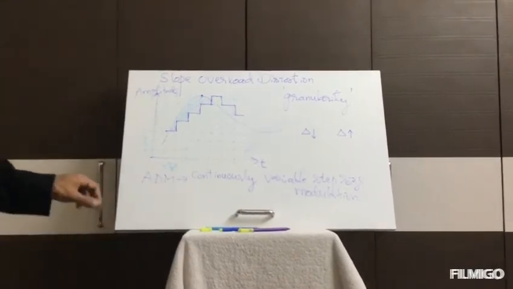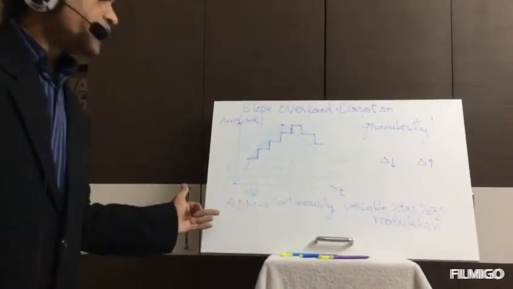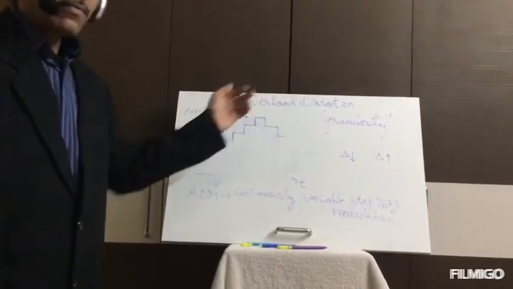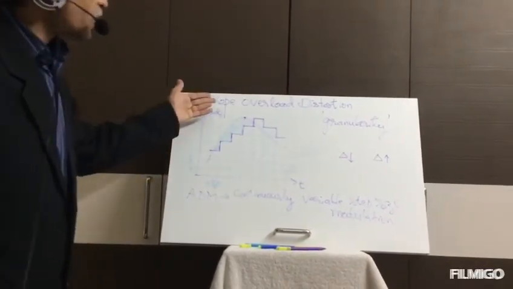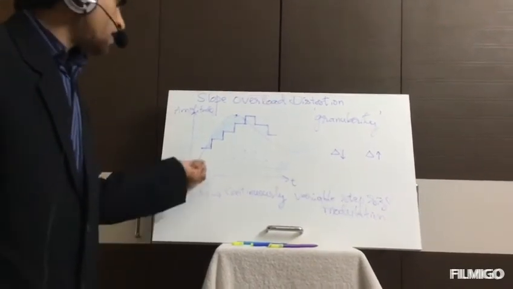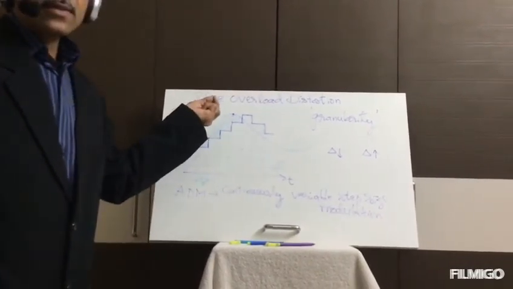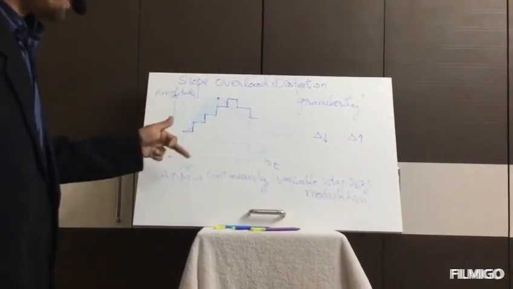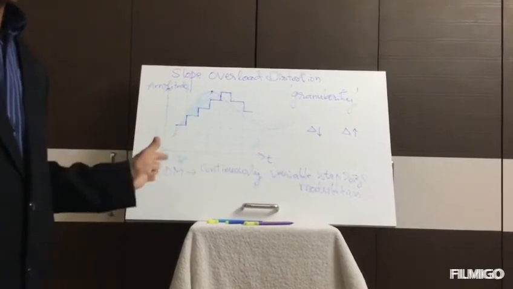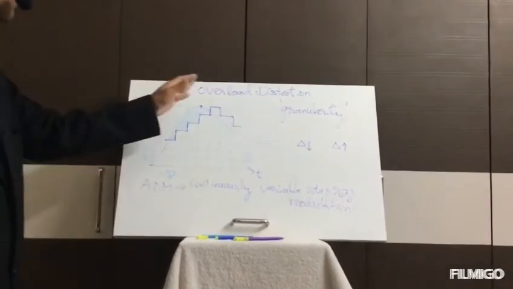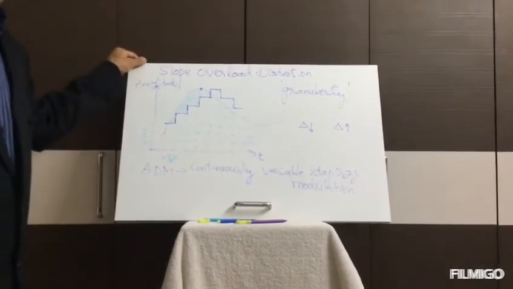Here the step size will continuously be varying in order to overcome these two difficulties. For example, if you come across slope overload distortion, adaptive delta modulation makes the step size increase. And once you come across granular noise, then the step size will be decreased. Like that, the step size is continuously varied.